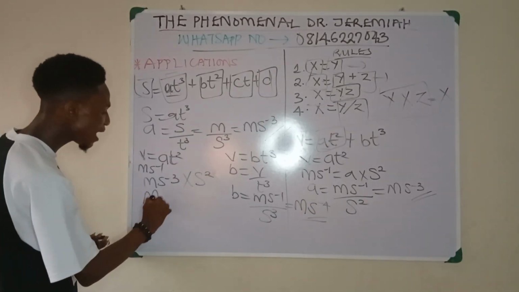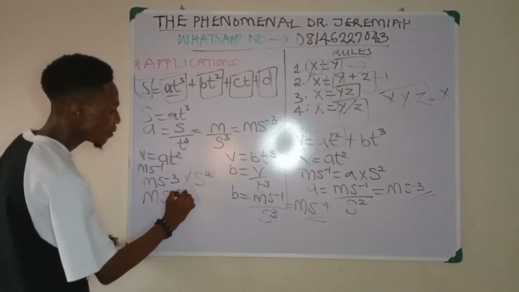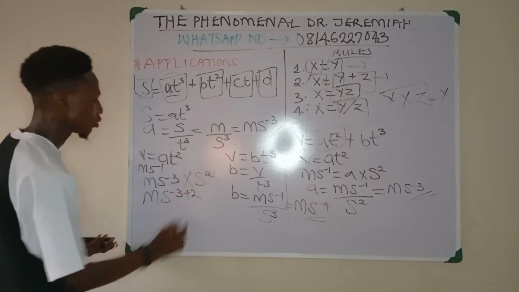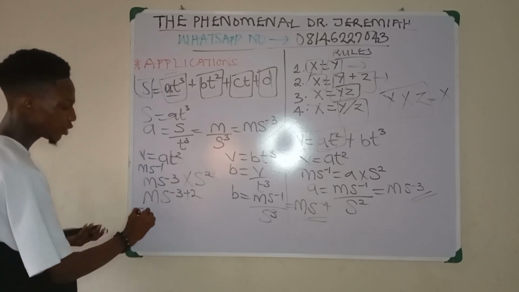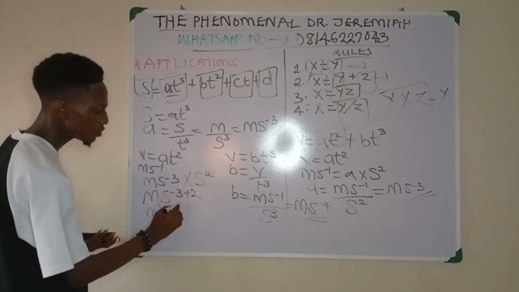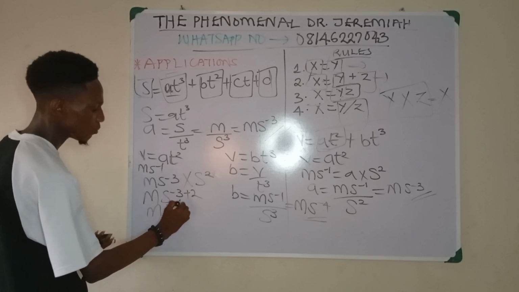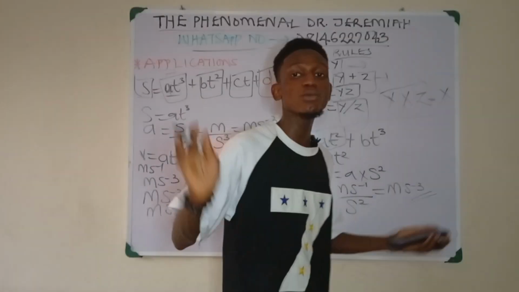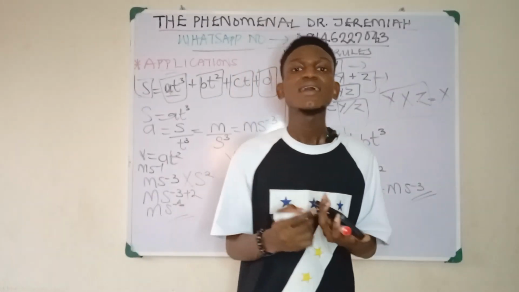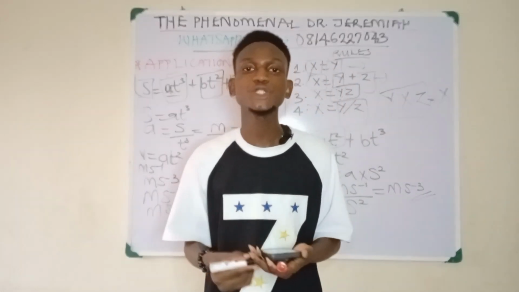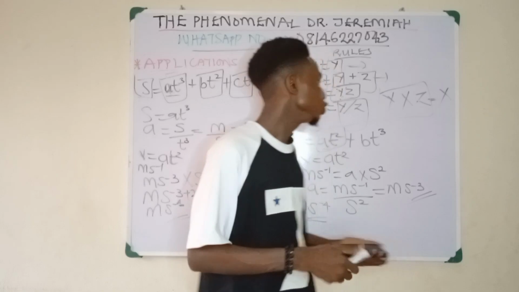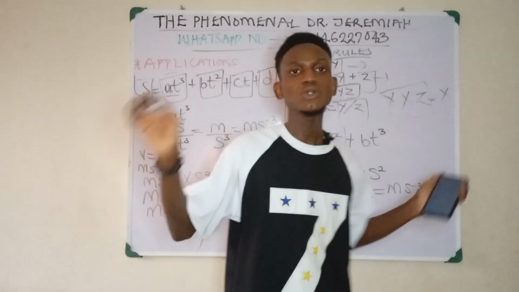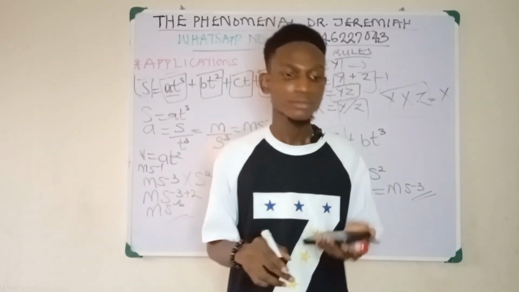Now from here we have ms minus 3 plus 2, times is plus. So from there you get ms minus 3 plus 2, which gives you minus 1. So you see, this principle of homogeneity is basically correct, and this is used to test if an equation is correct. You just relate both terms and you are good to go. You have gotten your final answer.